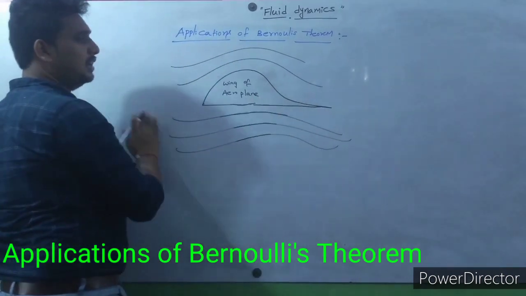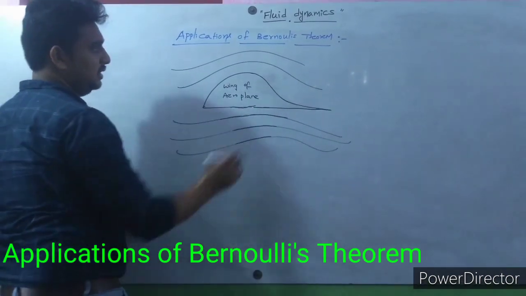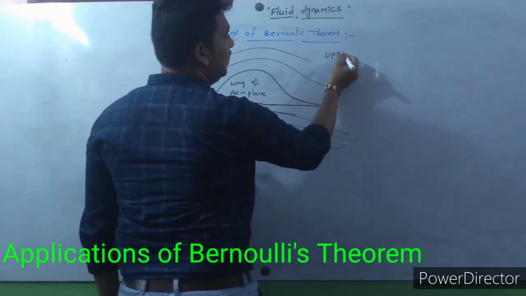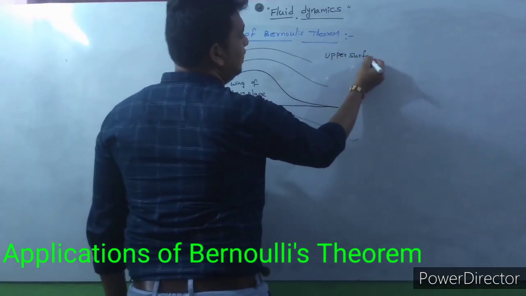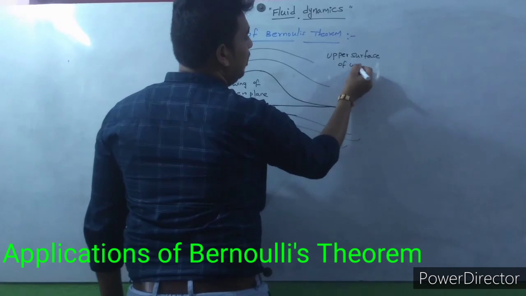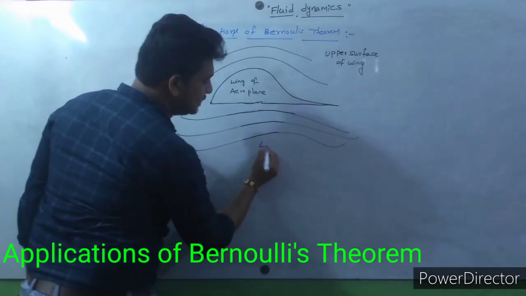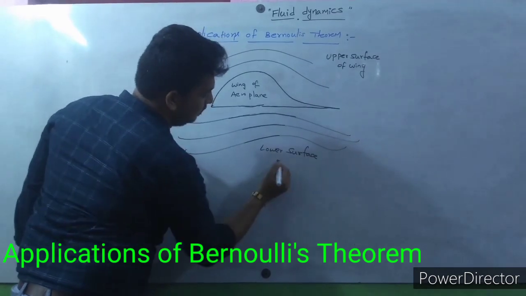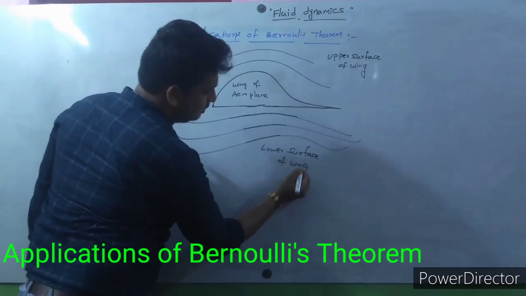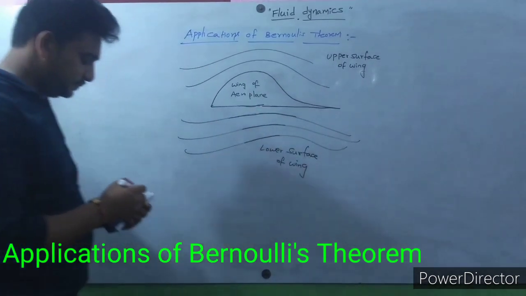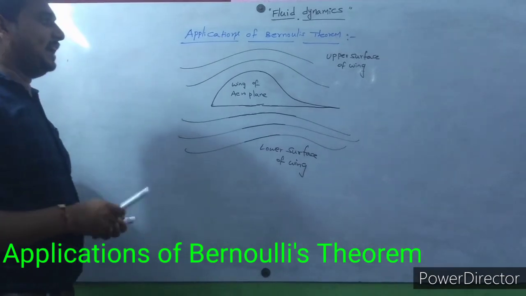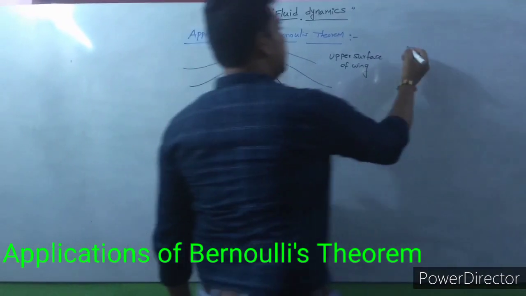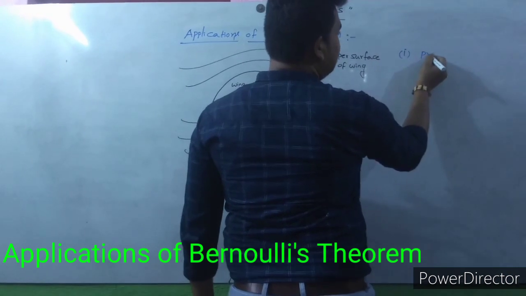So here is the lower surface of the wing and the upper surface of the wing. Here the major factors are: first one is pressure.